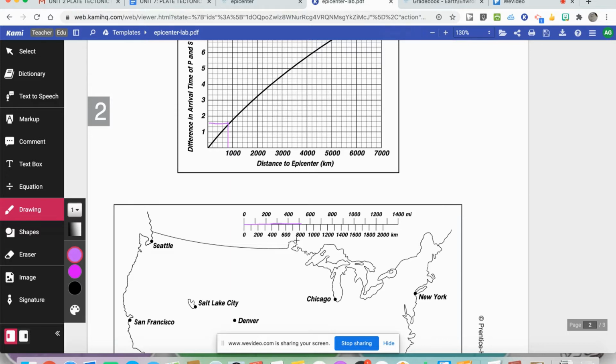If you did it correctly, then they will all meet in the middle somewhere. Then you're going to answer the questions. So I'm going to stop the video now.